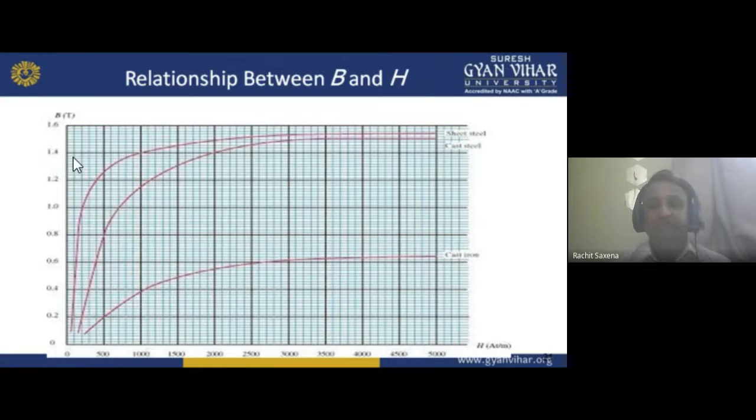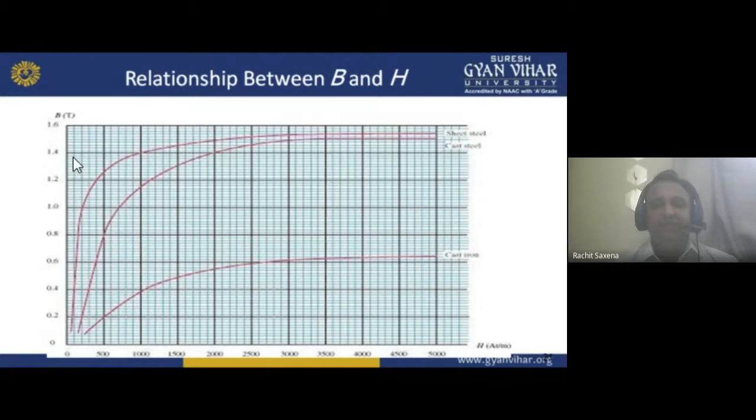Because if the density and intensity values are low, I am not able to make it a magnetic core for working. So if I want to make it work, I need this type of metal. Earlier I told you there are two types: ferromagnetic material and non-magnetic material.